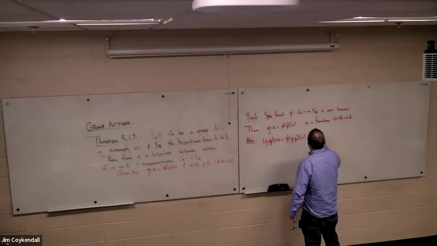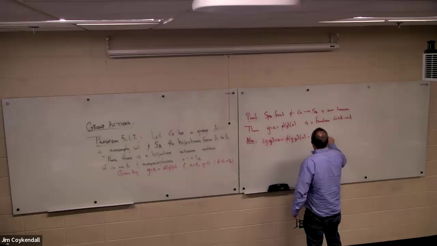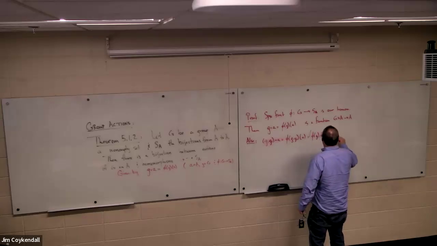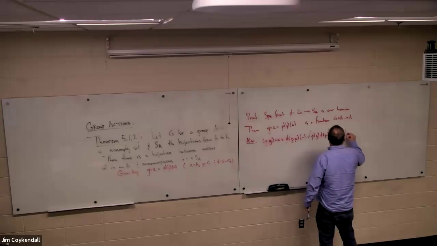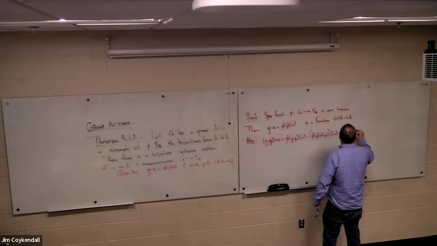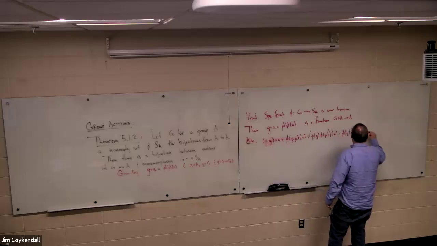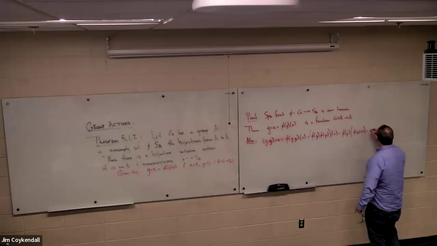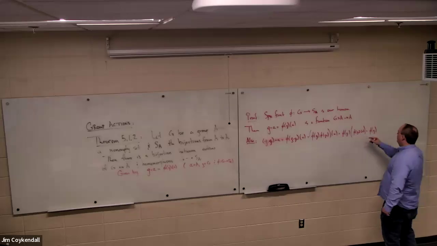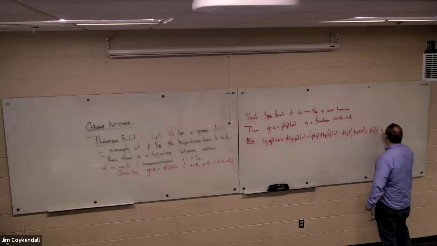This is phi of g1 times phi of g2, of a, which is phi of g1 applied to phi of g2 of a. And this is phi of g1 applied to g2 circle a.